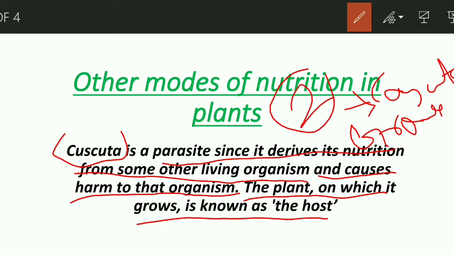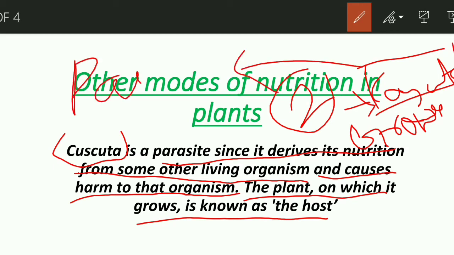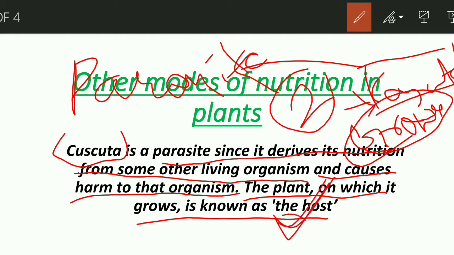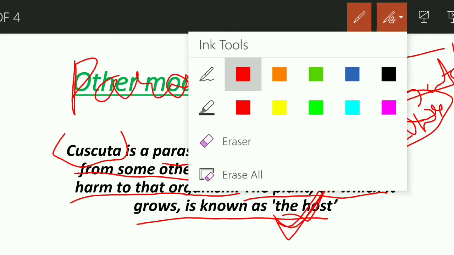Okay, so now here the Cuscuta. What is the Cuscuta? This Cuscuta is known as parasite, and the plant on which it grows is known as the host. Here it is written, the plant on which it grows is known as the host.